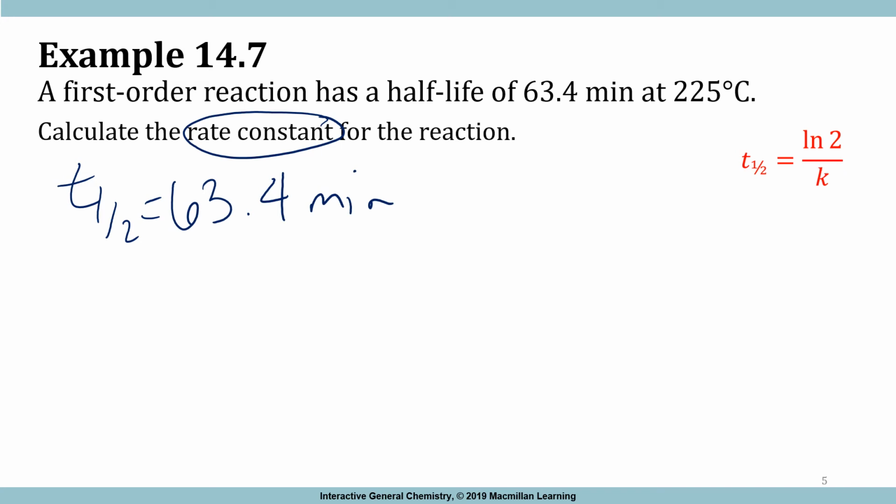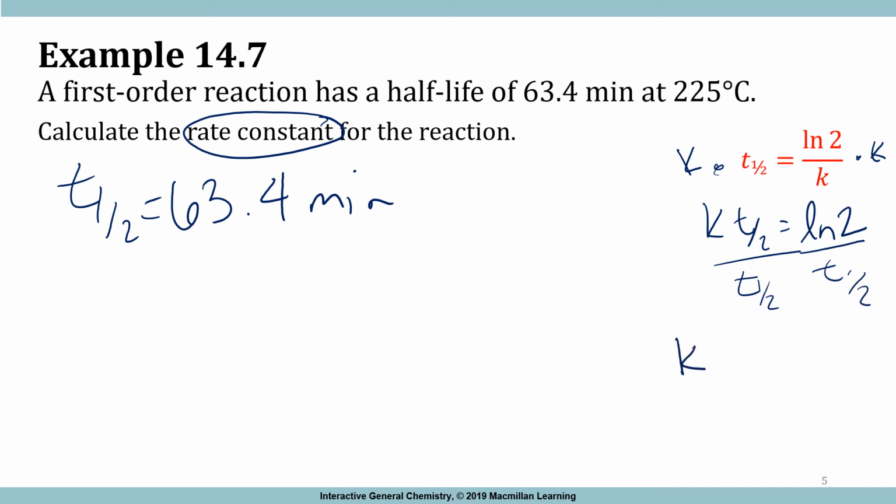So if I multiply k on both sides, I will then get k times the half-life is equal to the natural log of 2. I can then divide by the half-life on both sides, and I isolate k, and that's just going to be equal to the natural log of 2 divided by the half-life.